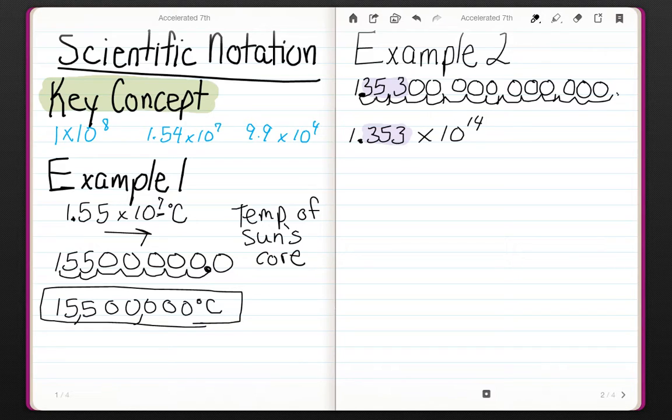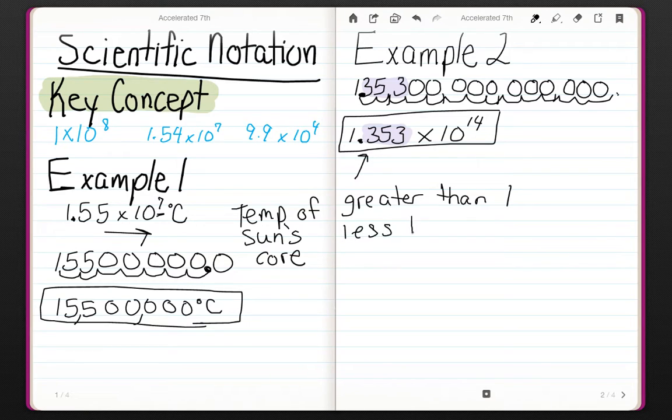So writing this number, 135,300,000,000,000 in scientific notation, 1.353 times 10 to the 14th power. So, two key things to remember here. Number one, that your first factor is greater than or equal to 1 but less than 10, and it does not have to be a whole number.